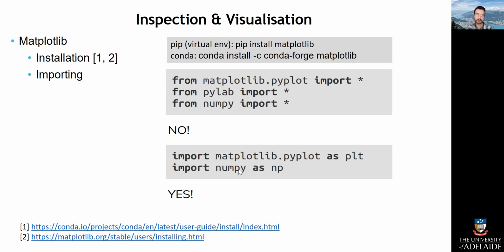You can find out how to install them on these links below, and how to install the Matplotlib library. In pip the command is just pip install matplotlib. In conda it is conda install. Those are things you can easily find on these links and other resources, so I don't think installation should be an issue.